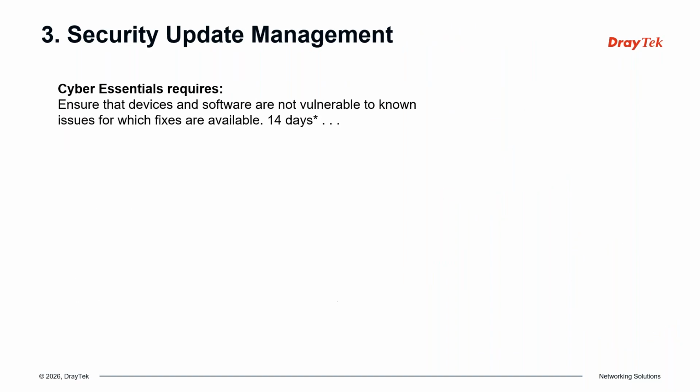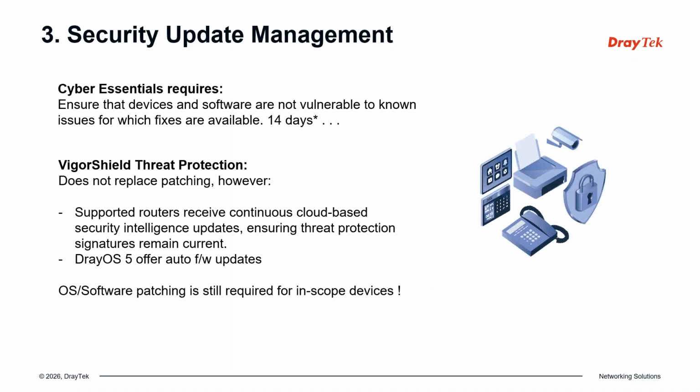And then update management. So Cyber Essentials requires that devices are regularly updated. It doesn't specifically say how many days, but 14 days is a guideline that's typically cited. VigorShield Threat Protection doesn't replace patching. However, supported routers would receive continual cloud-based security intelligence updates.